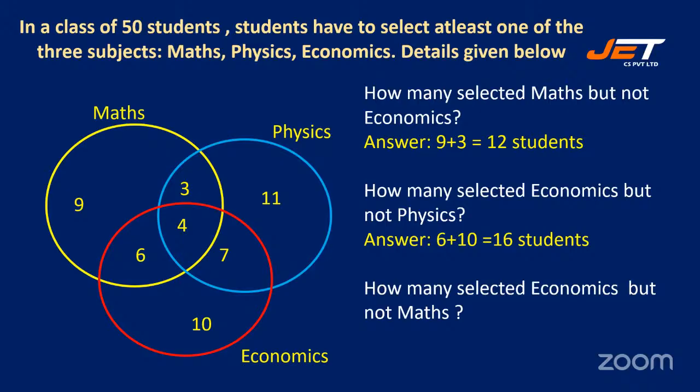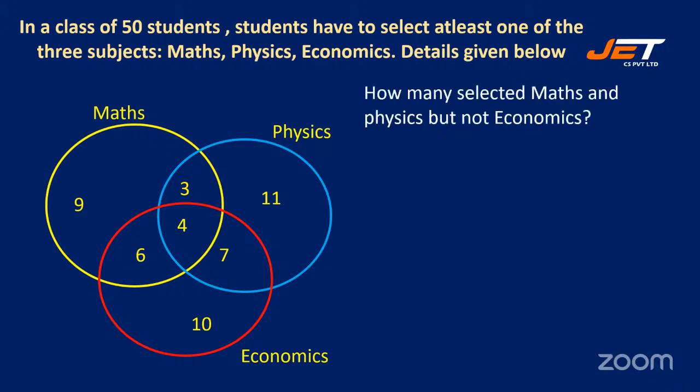How many selected economics but not maths? So it is 10 plus 7, 17.